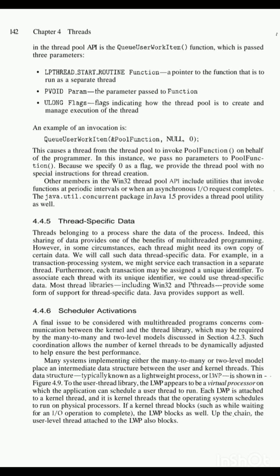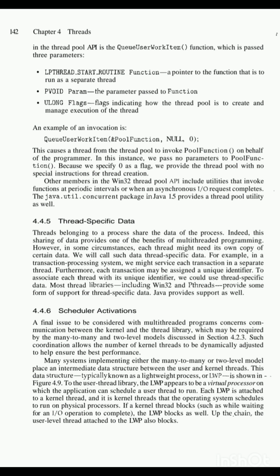Thread-specific data. Threads belonging to a process share the data of the process. Indeed, this sharing of data provides one of the benefits of multithreaded programming. However, in some circumstances, each thread might need its own copy of certain data. We will call such data thread-specific data.